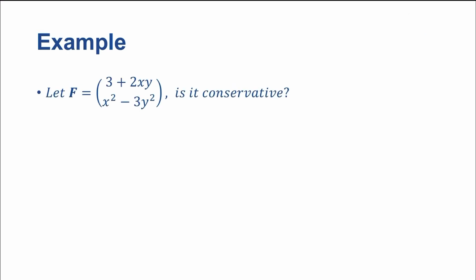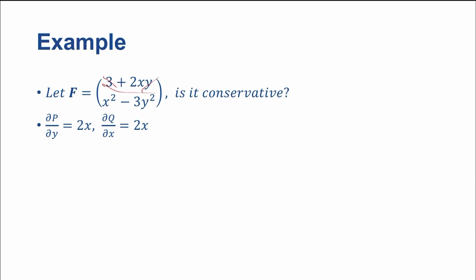So that seems simple enough. Let's try an example just to test ourselves out. Let F be equal to 3 plus 2xy as its x component, and x squared minus 3y squared as its y component. Is it conservative? If I take the derivative with respect to y of the first component here, then I get 2x. This 3 goes to 0, and then the y gets killed.